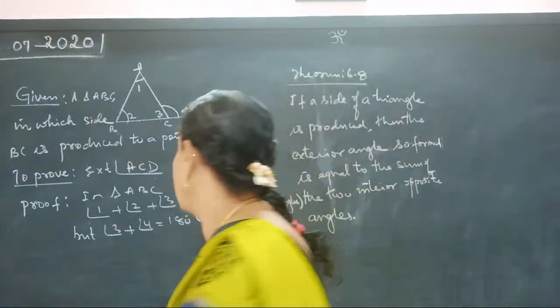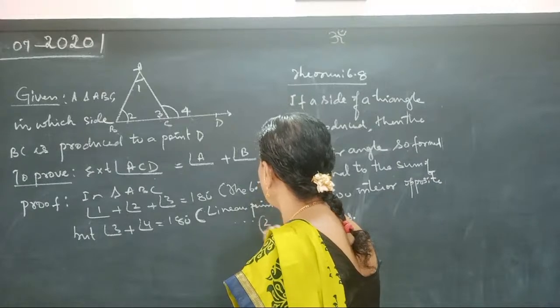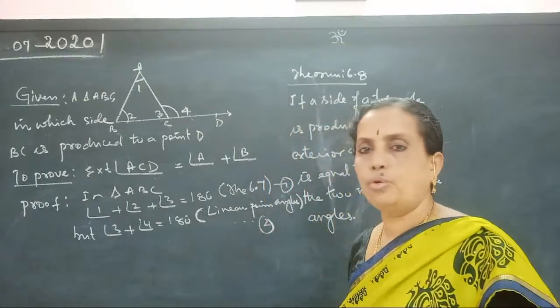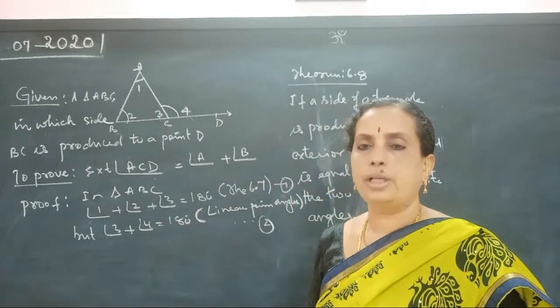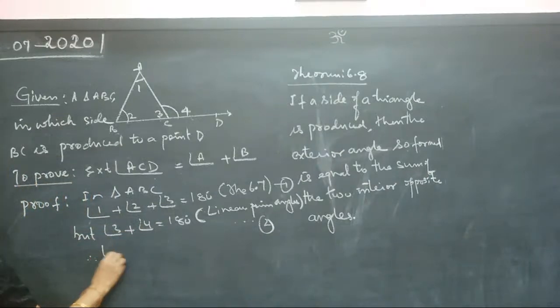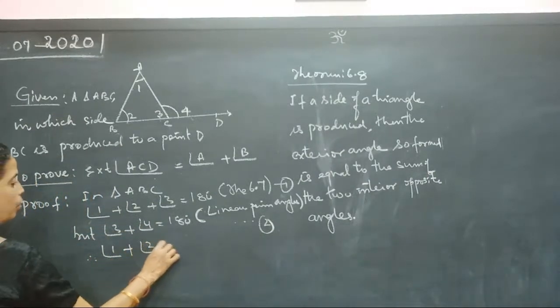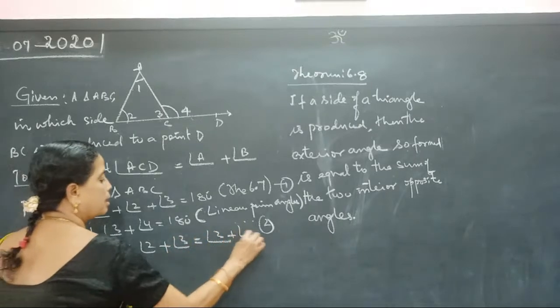See, this is equation 1, this is equation 2. In equation 1 and 2, you have 180 degrees same in the RHS, so that we can equate its LHS. Therefore, angle 1 plus angle 2 plus angle 3 equals angle 3 plus angle 4.